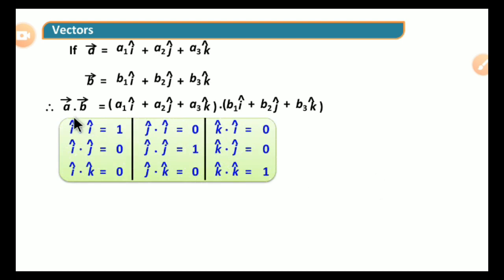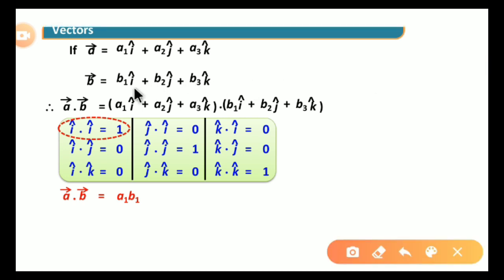So A dot B: I am going to multiply the first term with the first term, the second term, and the third term. See here, A dot B is equal to a1 b1. Here I multiply this term with this term, so it becomes a1 into b1, and i dot i becomes 1.